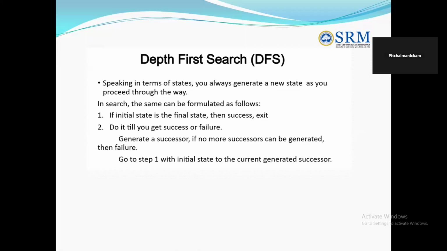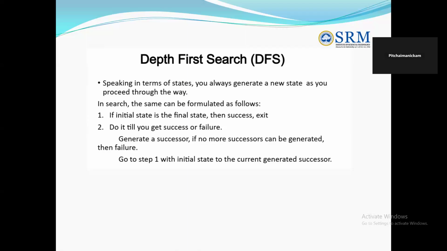Otherwise, do it till you get success or failure. Again we need to find the successor. If no more successor can be generated, then there should be a failure. And go to step one with the current generated successor.